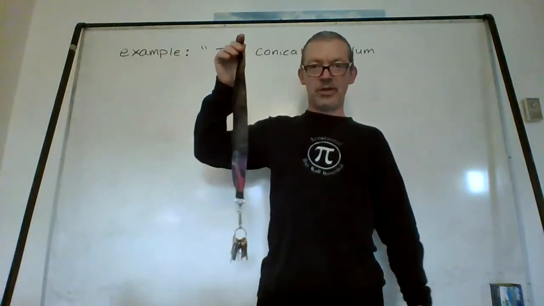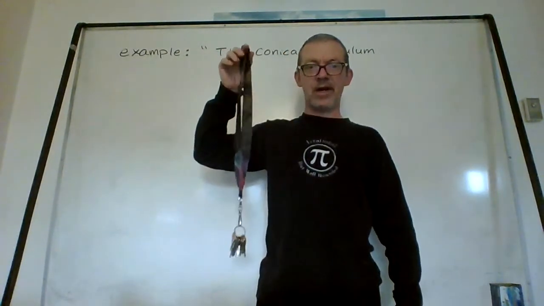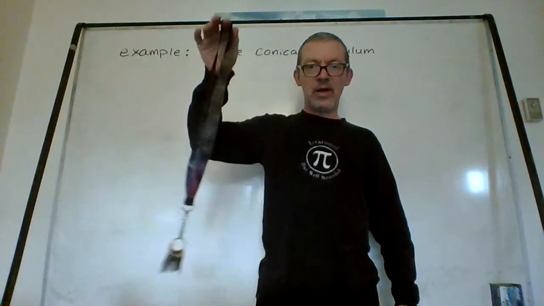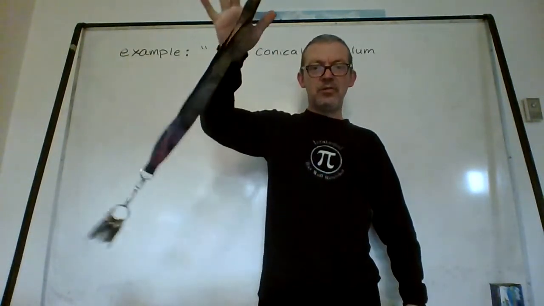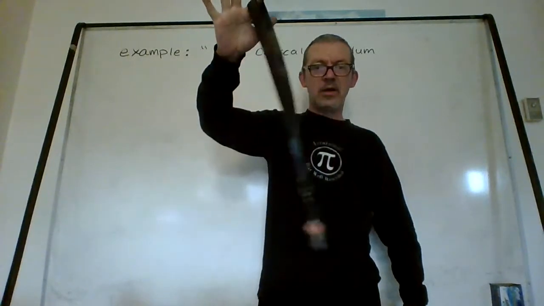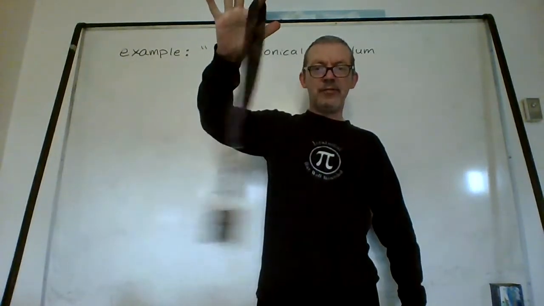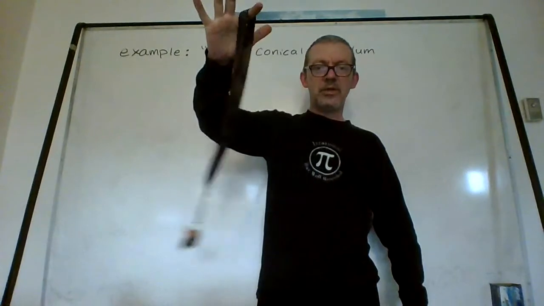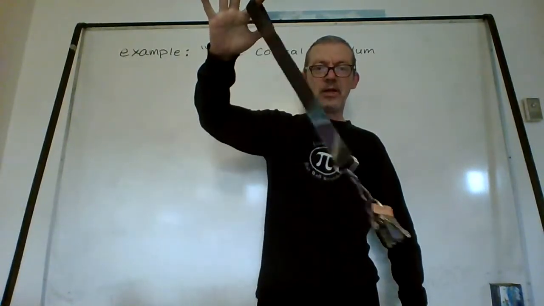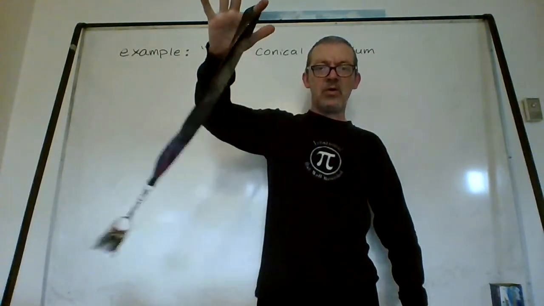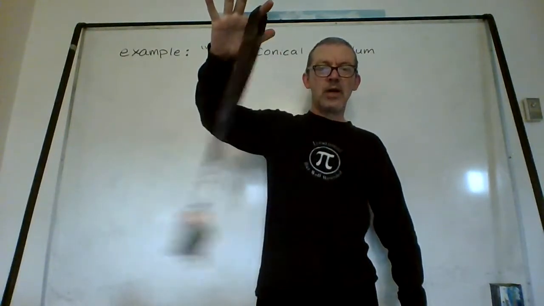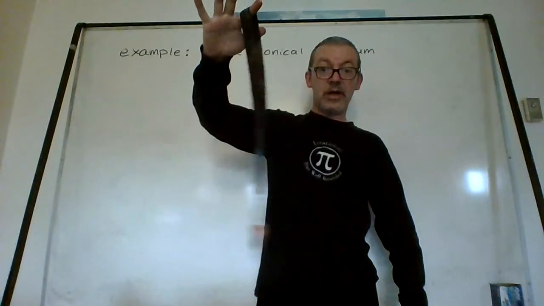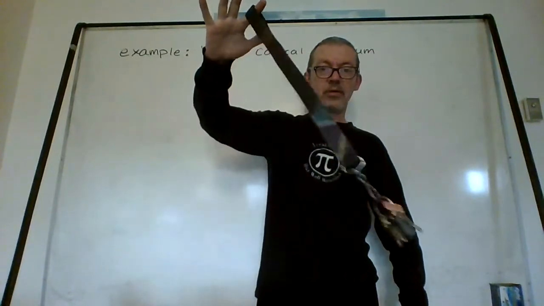I'm not sure what kind of an effect it's going to have in terms of this video, but hopefully you can see the keys are moving along, not back and forth like a simple pendulum, but actually sweeping out a cone, as you can hopefully see. So it's moving in uniform circular motion.